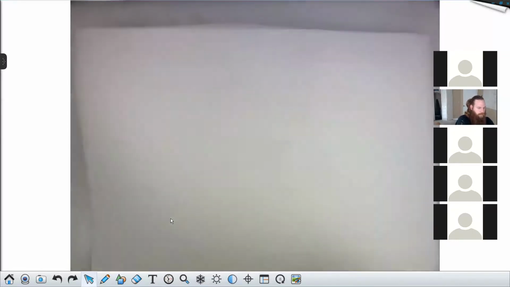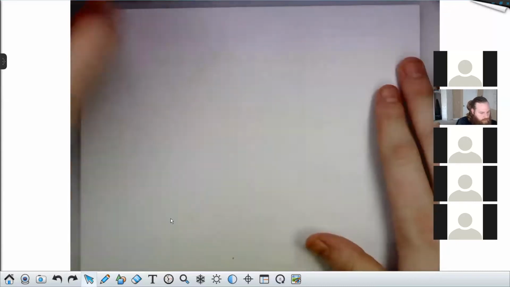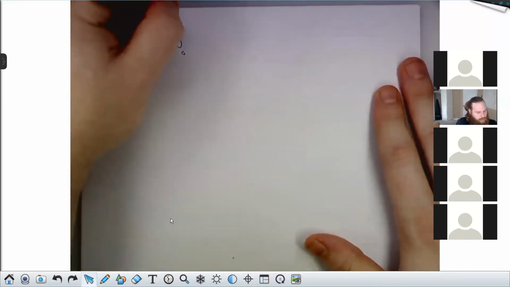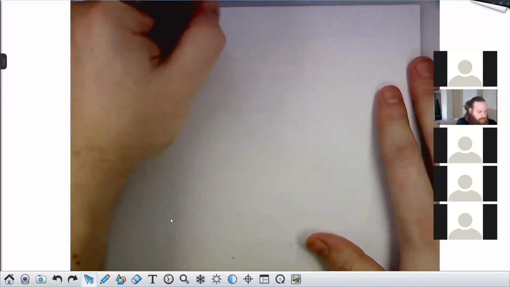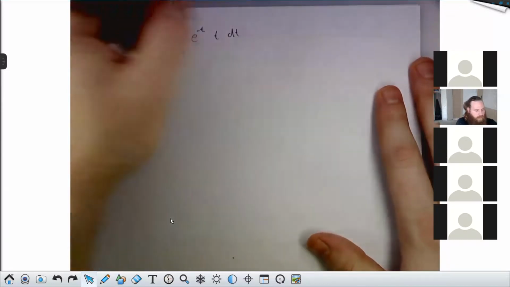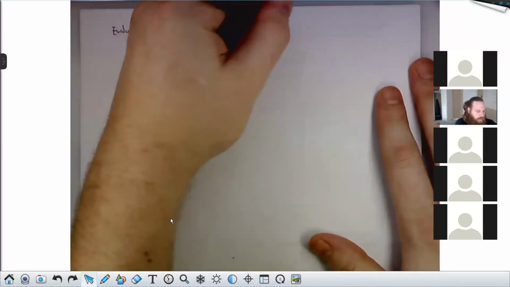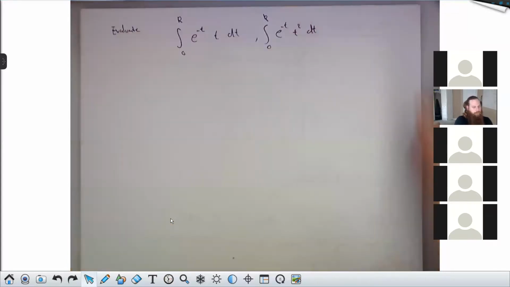So an example problem here, and this is similar to ones that we've done in class. Let's evaluate the integral from 0 to r of e to the negative t times t dt, and the integral 0 to r e to the negative t times t squared dt.